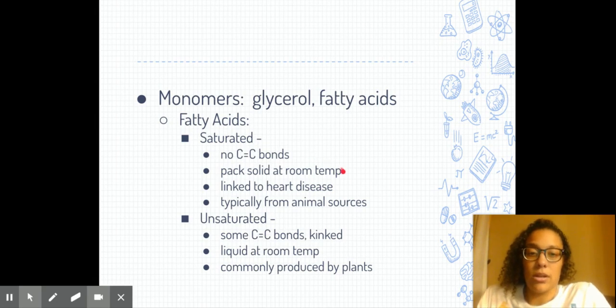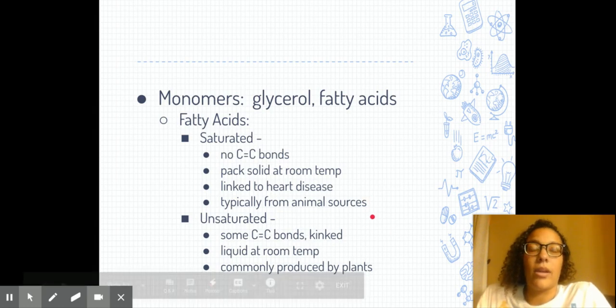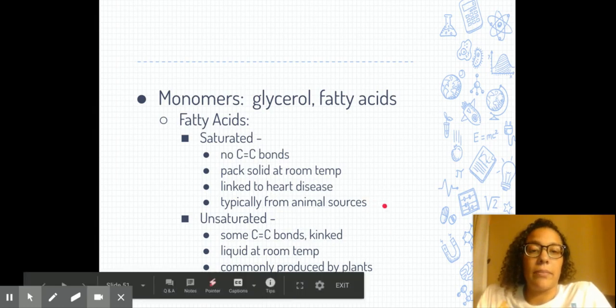And these ones are dangerous because there is no kink, which I'll give you the visual of it. They can pack really closely together and almost solidify. So they're linked to heart disease and issues with arteries coming from a variety of meat sources.